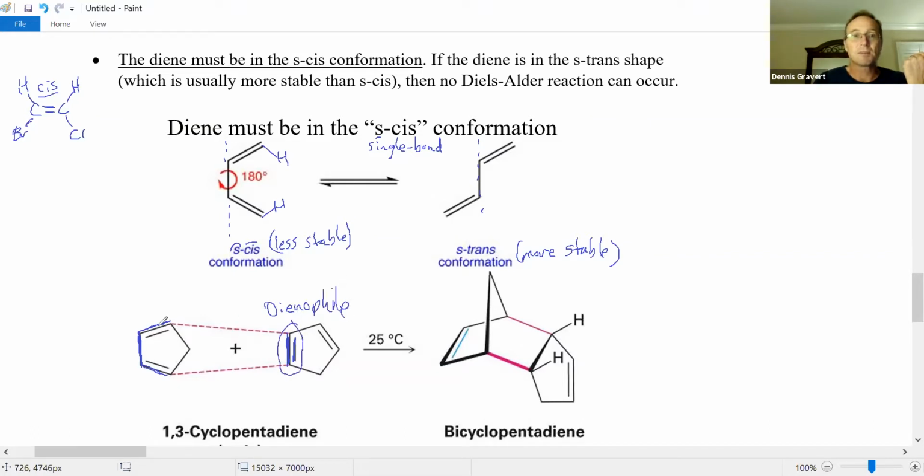So these 2 carbons and these 4 can do the Diels Alder to make a cyclohexene ring. This carbon is this carbon. It just kind of bends out of the way as the ring of 6 forms underneath it. And then these 3 carbons are down here, these 3 carbons.